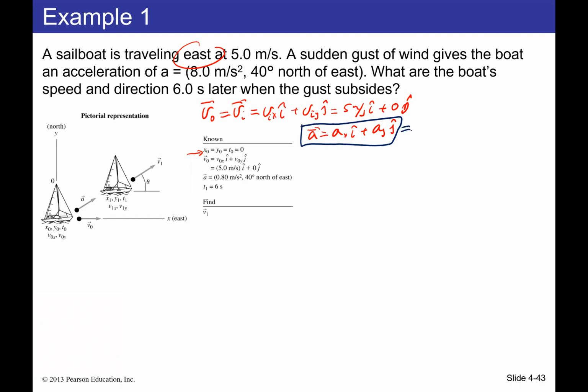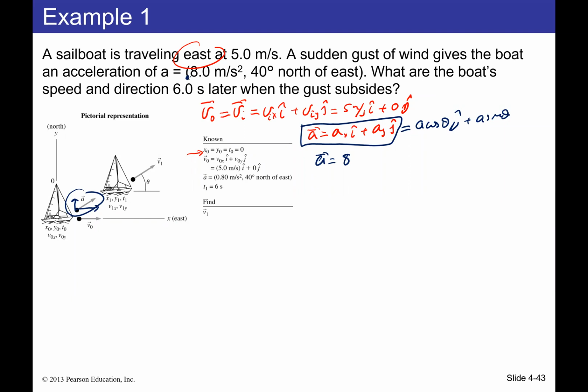It's a two-dimensional acceleration, because I can break it down into components. ax is a cosine theta, and ay is a sine of theta, and I can find the acceleration vector. I do have a typo here.